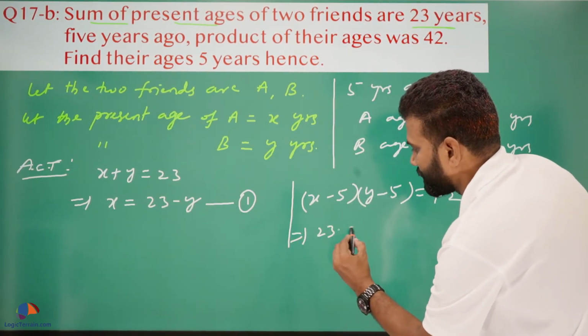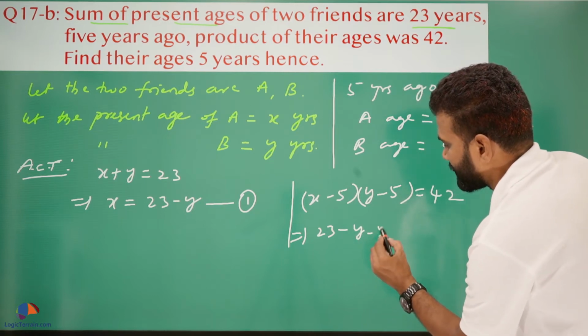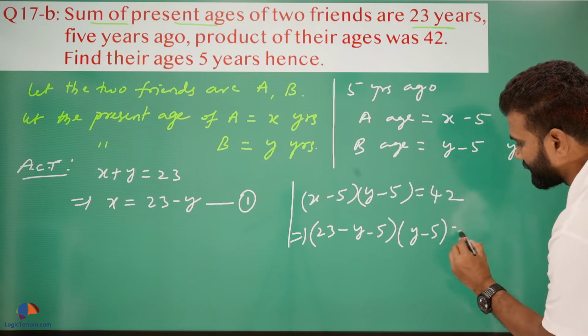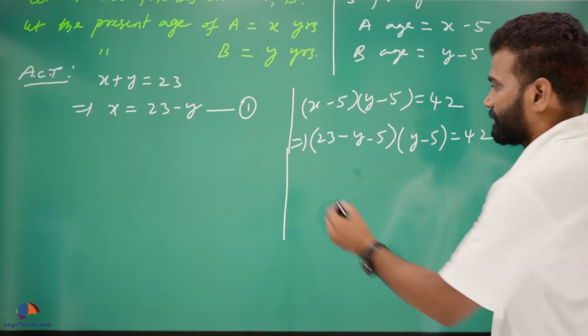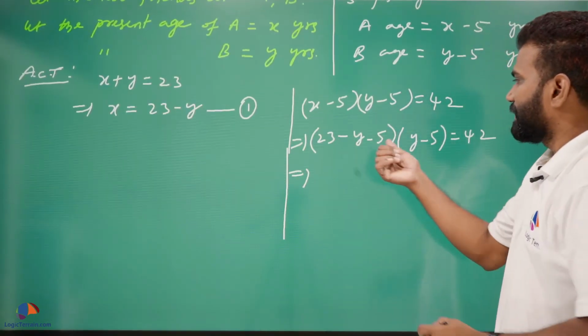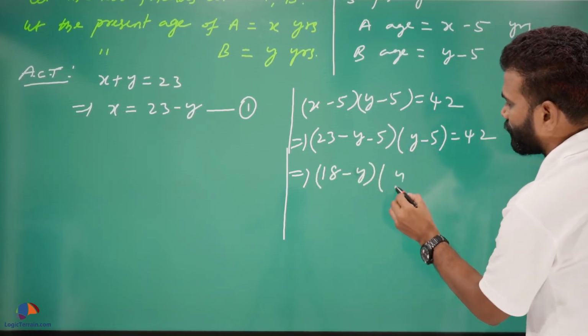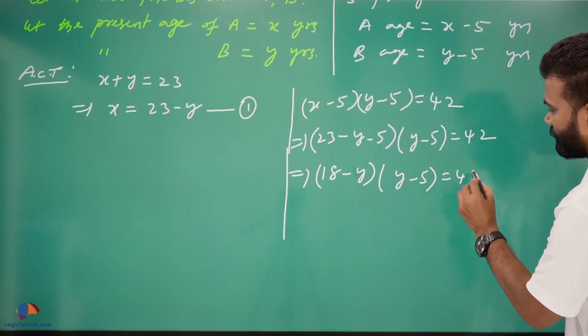So 23 minus Y minus 5, into Y minus 5, is equal to 42. So here 23 minus 5 is 18, minus Y, into Y minus 5 is equal to 42.